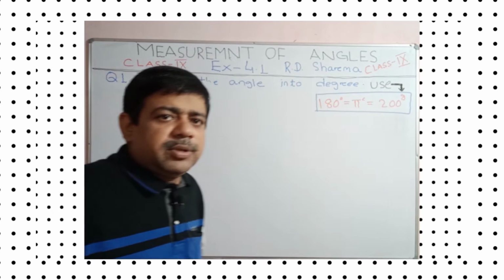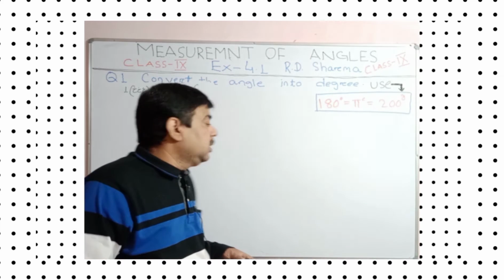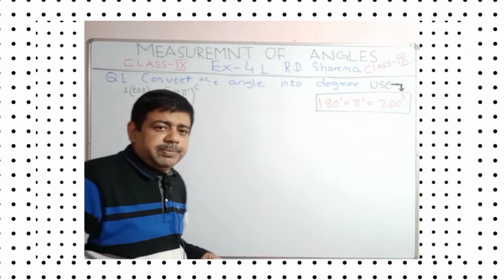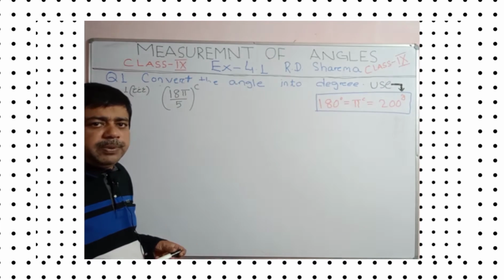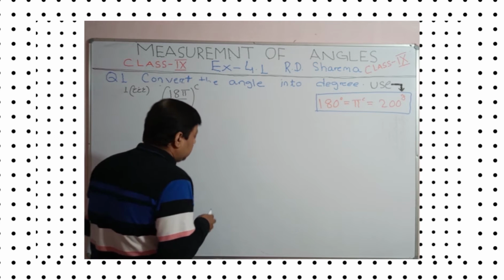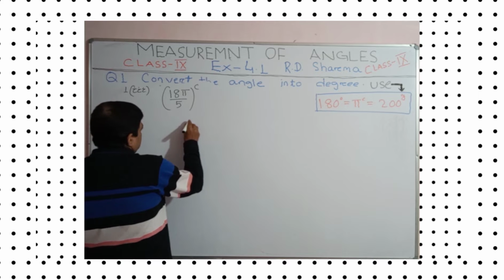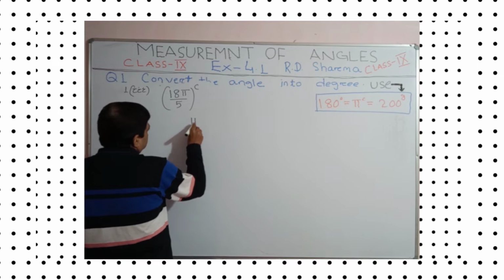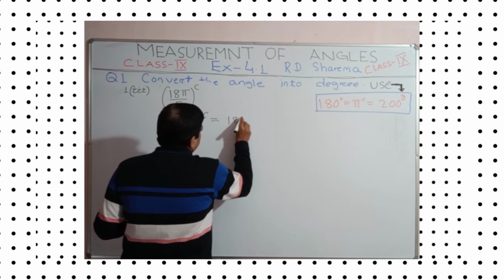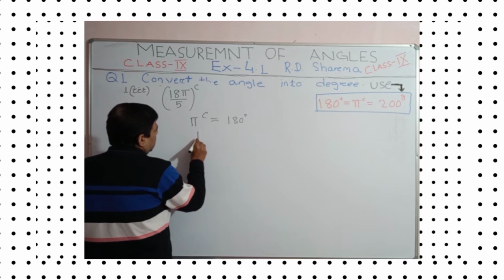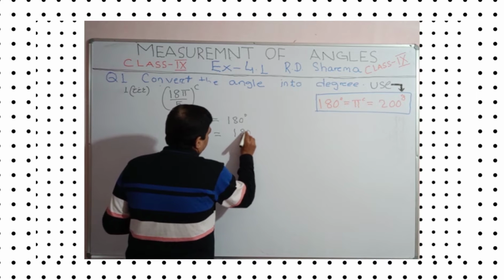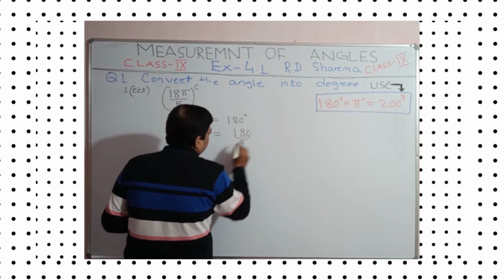Okay, question number 1, third part. Here the angle is given 18 pi by 5 radian. Let us convert into degree, similar process. So pi radian is equal to 180 degree, and 1 radian is 180 by pi degree.